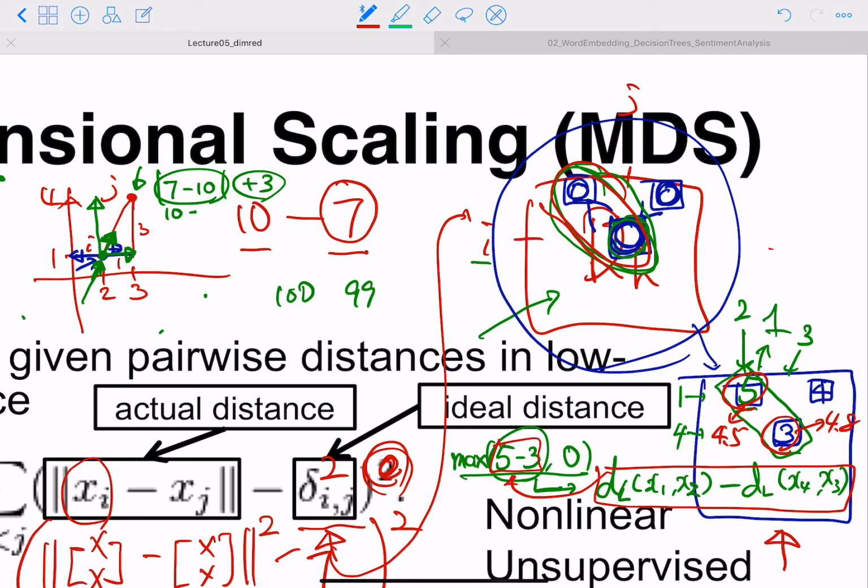But sometimes during our updating or iteration, some of these constraints may have been already satisfied, but in the later iterations they may not be satisfied.